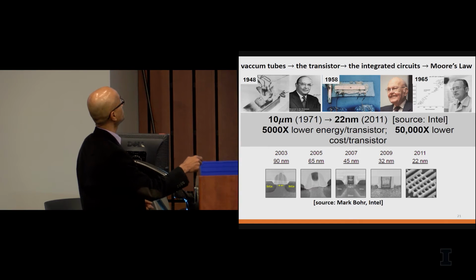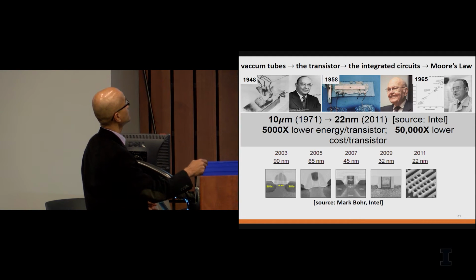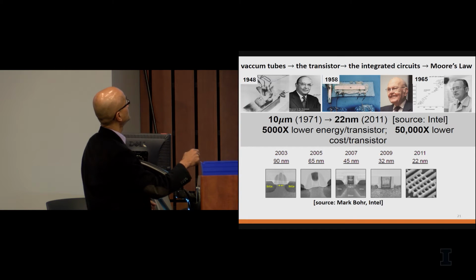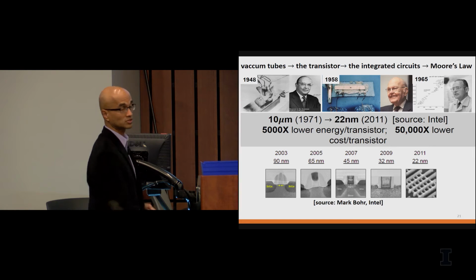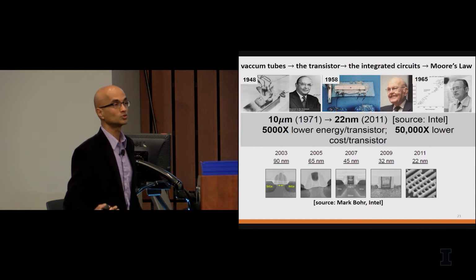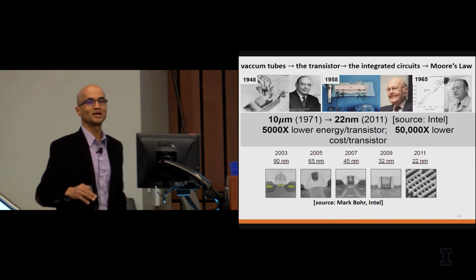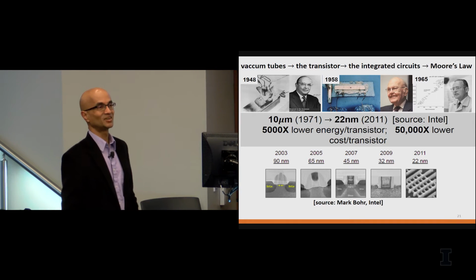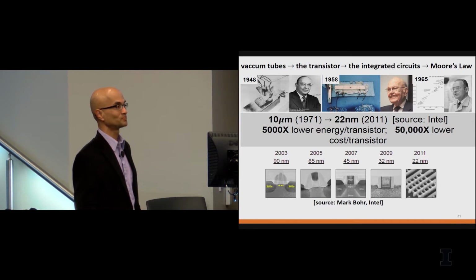Compared to the microchips you had in 71, today you have 5,000x lower energy and 50,000x lower cost. This is why your cell phones don't cost a lot. I mean, they still cost a lot, but compared to what they can deliver, they are actually quite cheap.